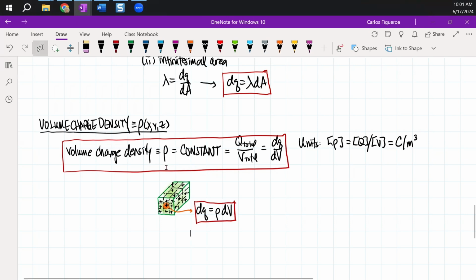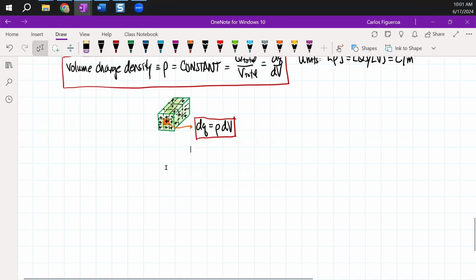There's one other charge distribution that we should think about.